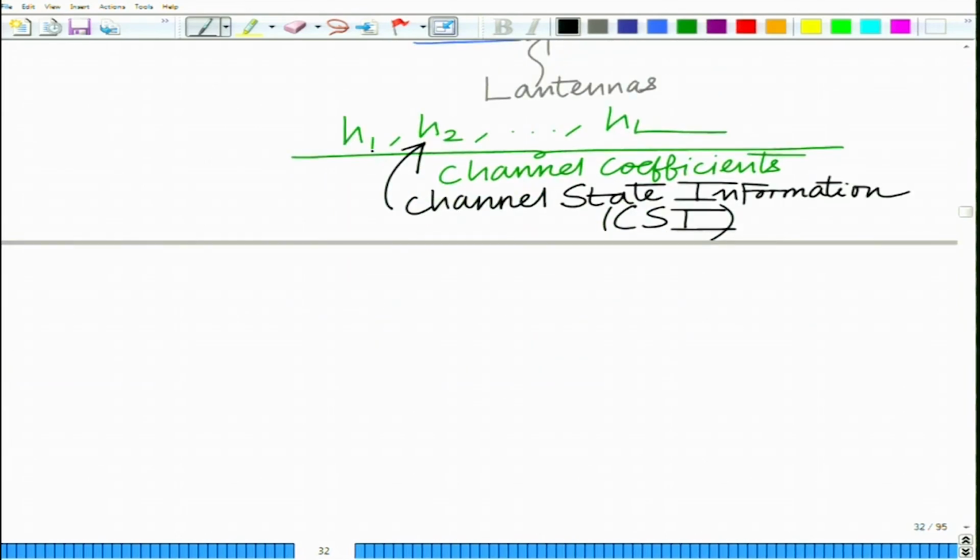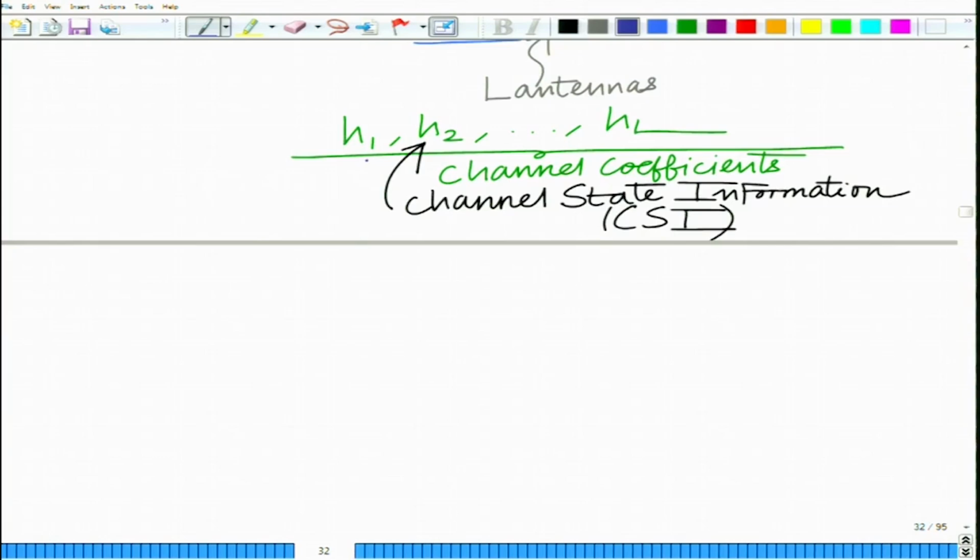Now, this knowledge is important. To develop enhanced signal processing schemes, we need knowledge of these channel coefficients, or we need the channel state information at the receiver, to develop schemes that yield improved performance after signal processing at the receiver. Okay.